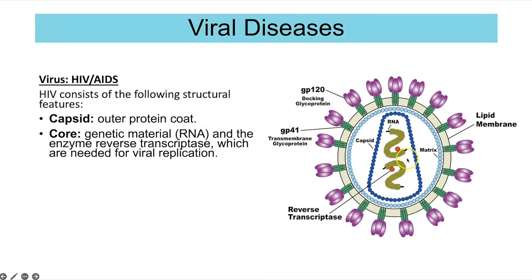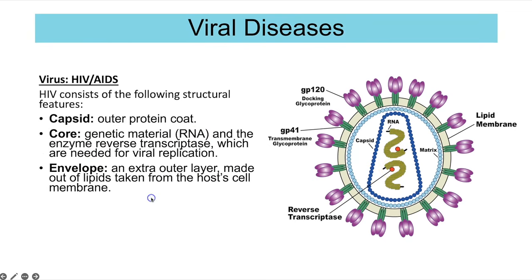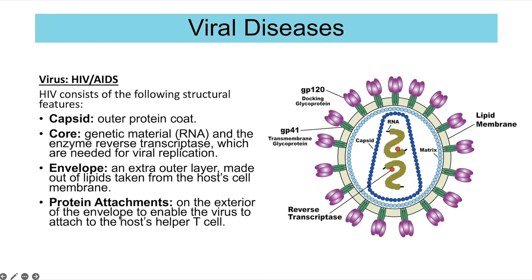And the enzyme reverse transcriptase is also within that, which is needed for viral replication. There is an envelope layer, which is an extra outer layer made out of lipids, which have been taken from the host's cell membrane. And then we have the protein attachments, and these are on the exterior of the envelope to enable the virus to attach to the host's helper T cells.